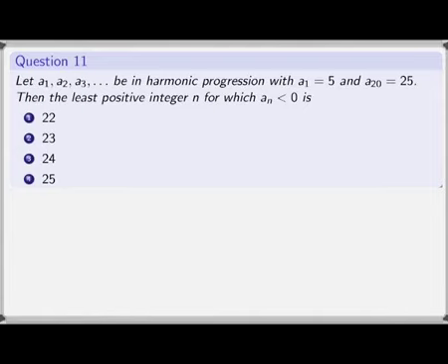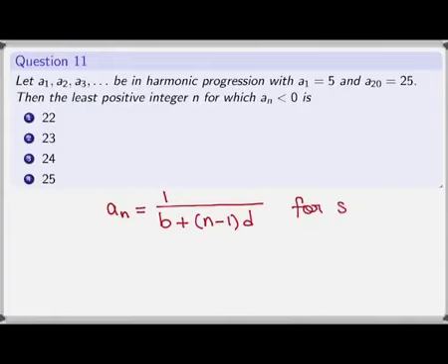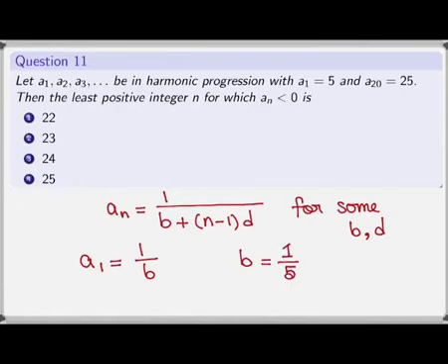We write the nth term an as 1 by b plus n minus 1 into d for some b and d. Now note that a1 is equal to 1 by b. As a1 is given to be 5, therefore we get b is equal to 1 by 5.